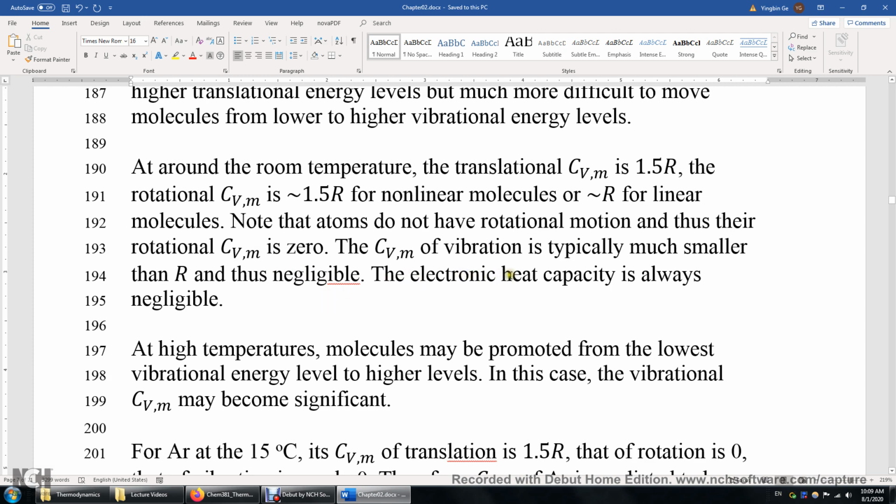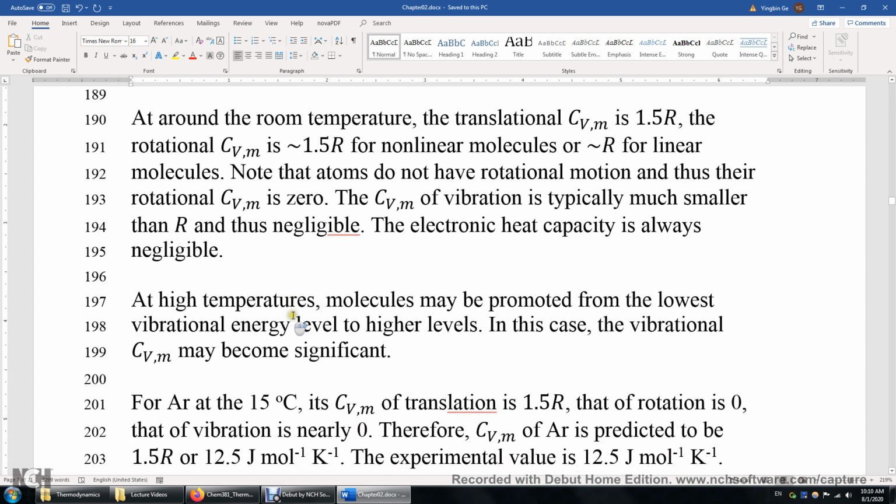The electronic heat capacity is always negligible because, again, the spacings between electronic energy levels are just too large. It's almost impossible to promote molecules from a lower electronic energy level to a higher electronic energy level.